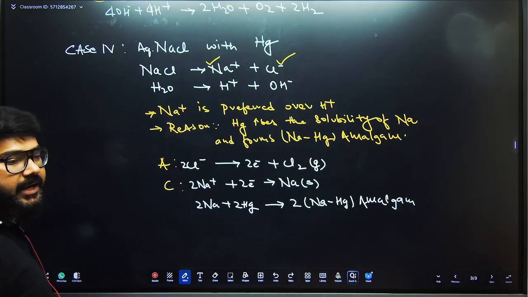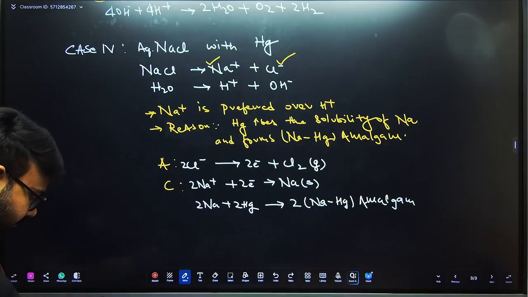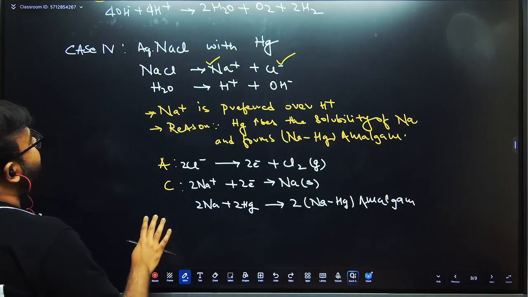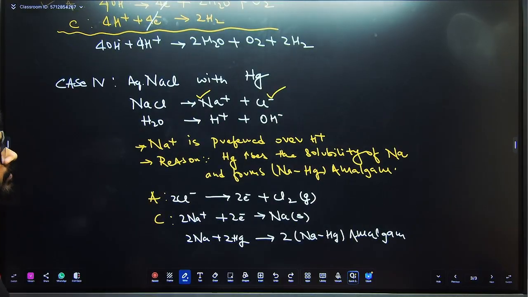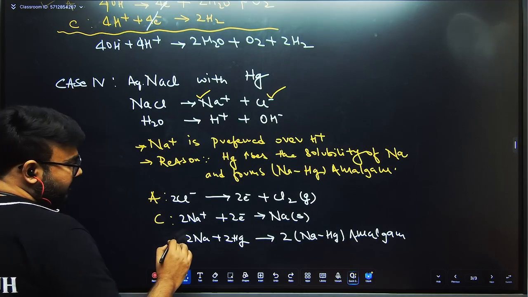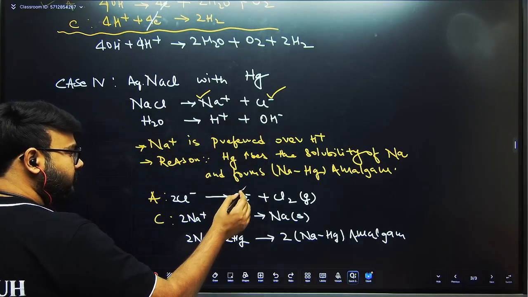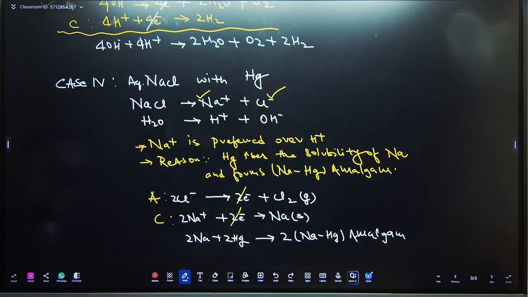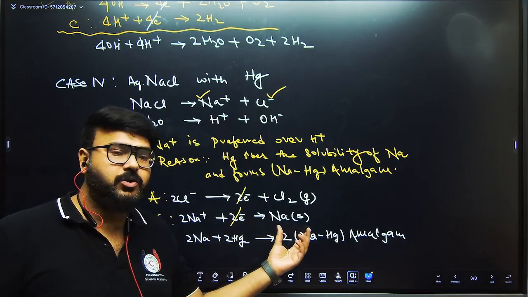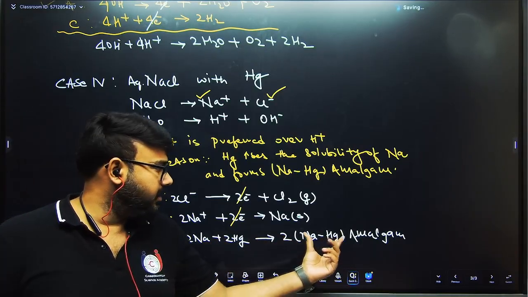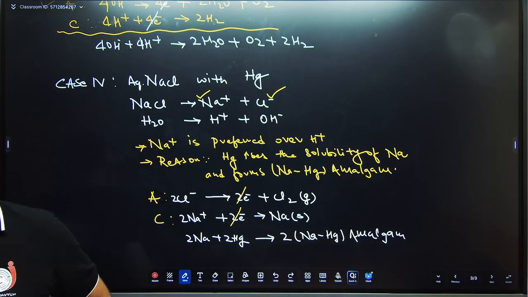I hope it's clear online. And we move to case number 5. So this is the final cathode. Okay, electrons will get cancelled. That's fine. Clear, no? Make sure after you show that sodium is deposited, sodium formed with mercury, NaHg amalgam.